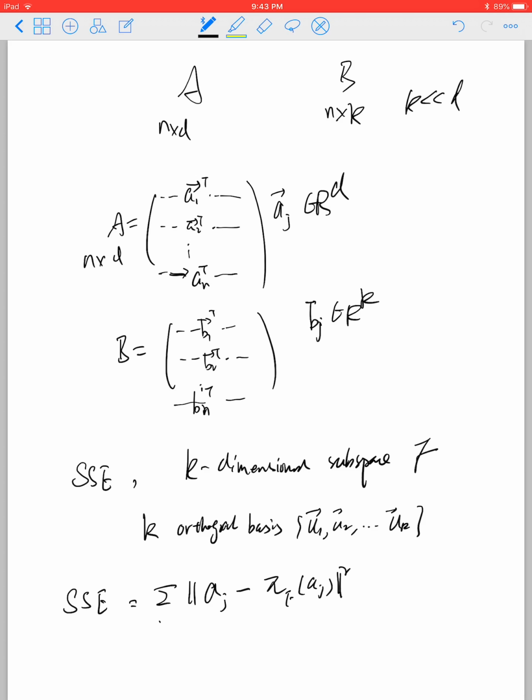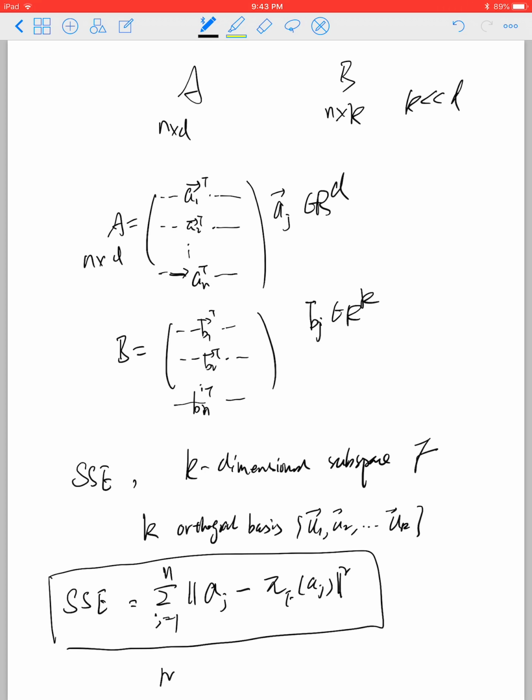Each Bj belongs to a k-dimensional space, and each Aj, the jth row in A, belongs to a d-dimensional space. So I want to use this low-dimensional matrix B to approximate the high dimensional data matrix A.